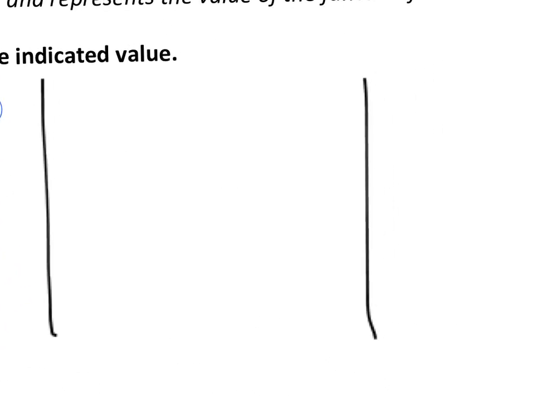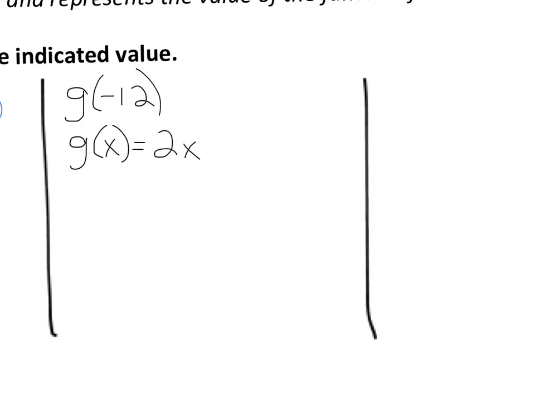Okay, another way that they'll write it, I want to know what g of negative 12 is. Now, first off, I'm looking at function g, and just to remind ourselves, g of x equals 2x plus 1, just copying it down from above. Now, they want to know what g of negative 12 is. I want to know what function g is when x is negative 12.